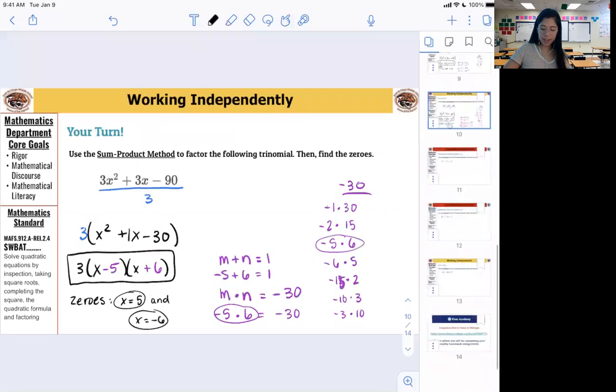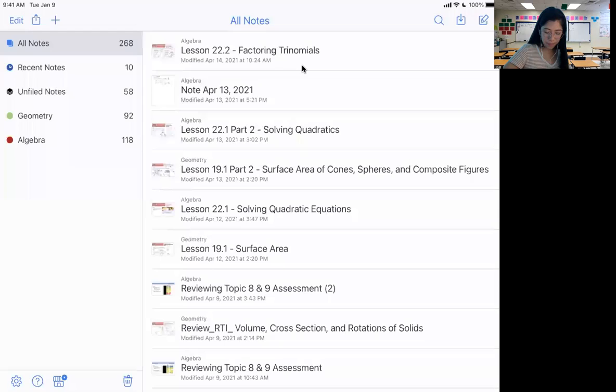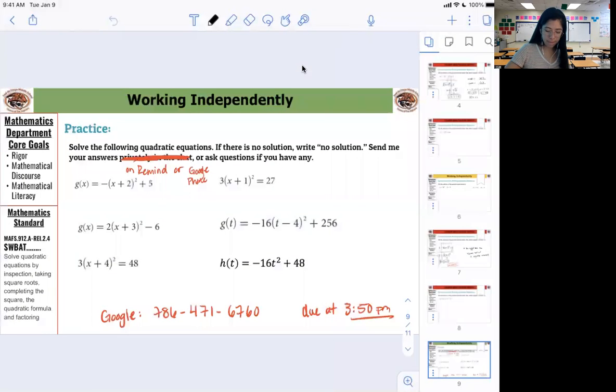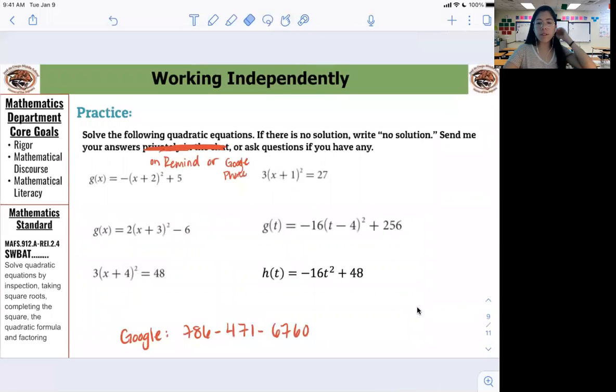Okay, so in that case, what you guys can do right now is go to Khan Academy and work on that if you haven't finished it yet. And if you're done with Khan Academy, you can work on the extra credit assignment from yesterday. So let me pull that back up. Okay, ignore what I wrote over here because that was for my 7th period. All right. So if you are done with Khan Academy, then you're working on this one.